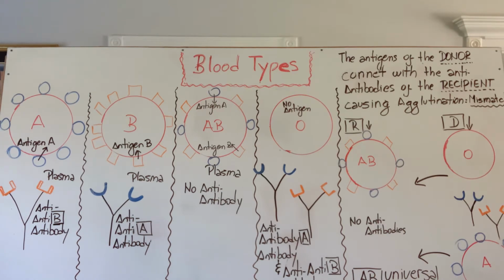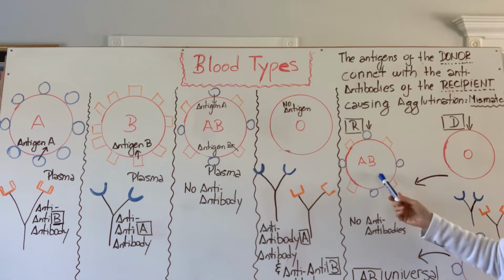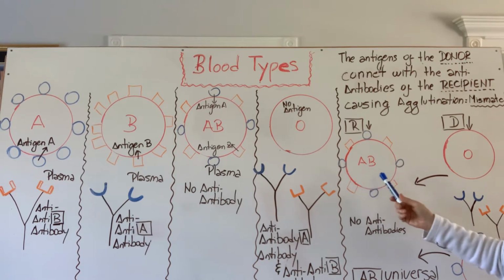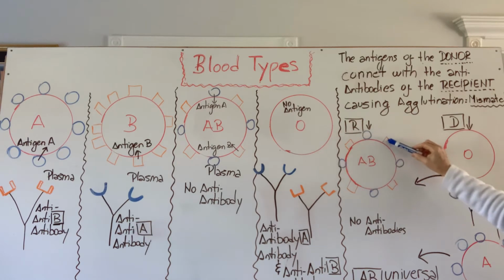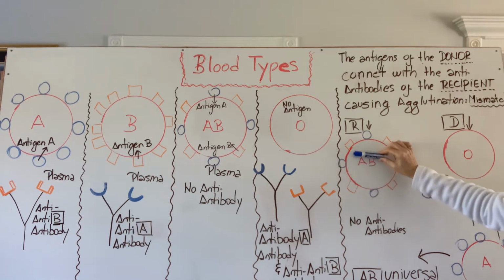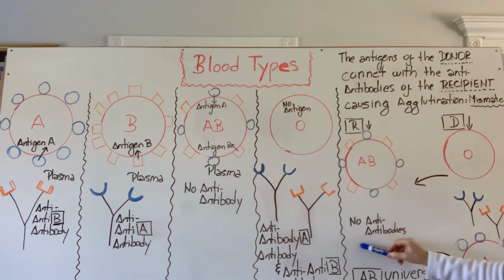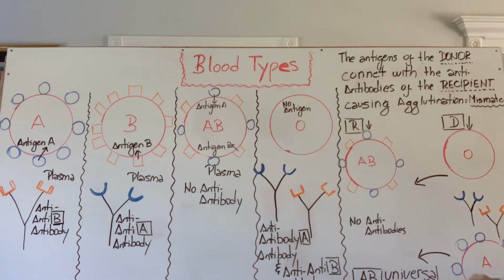Now, in this last scenario, I took the time to make one scenario where the recipient is blood type AB. Blood type AB has antigen A and antigen B. But this blood type doesn't have antibodies developed in plasma.